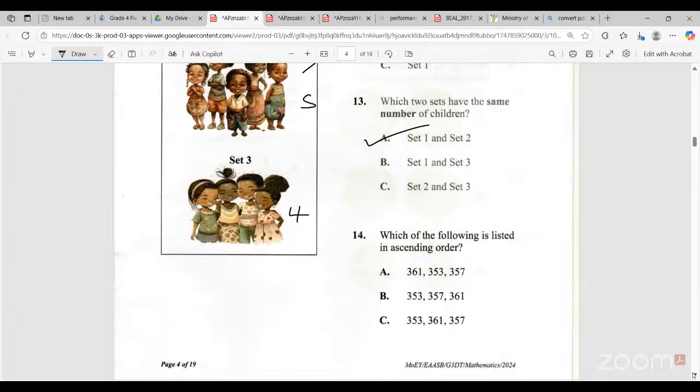Is it A, B, C, or D? All right. Thanks, Pinnock. I see your answer for number 14.